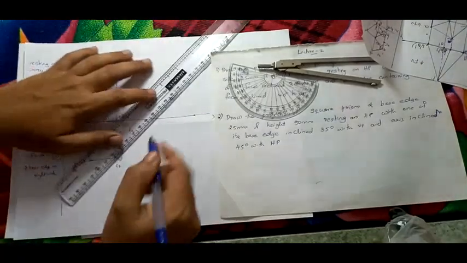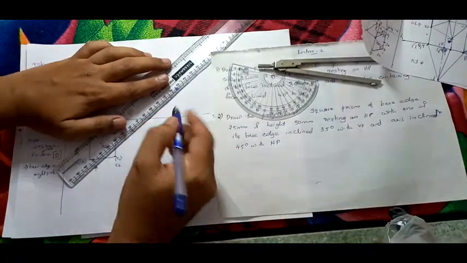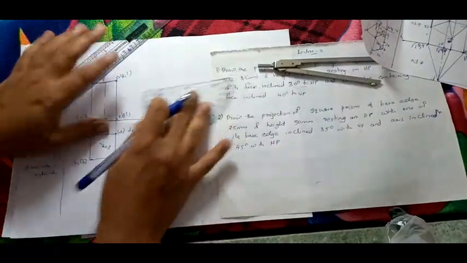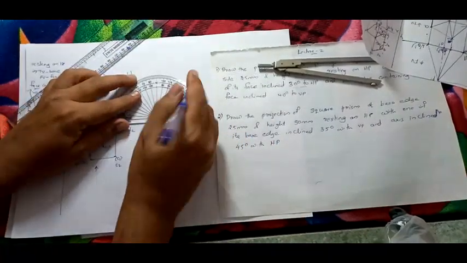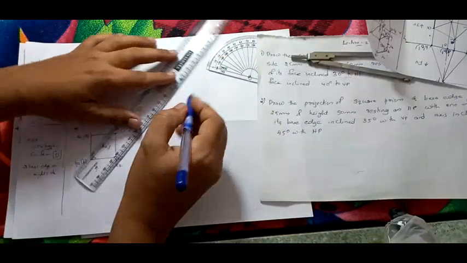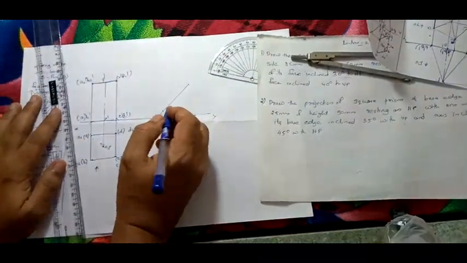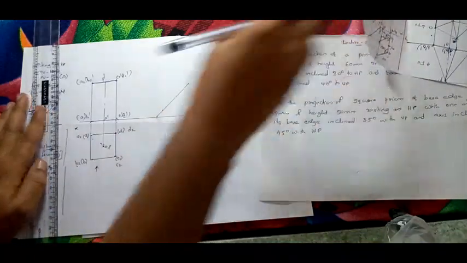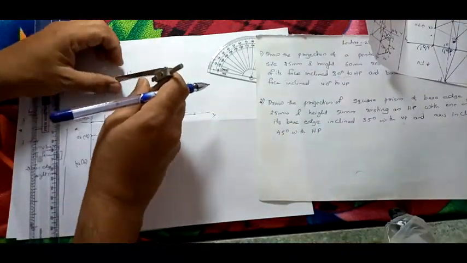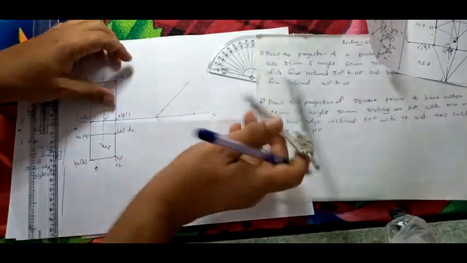So first I will draw. Taking 45 degree, from here take 45 degree or here take 45 degree, draw a line. Now what you have to do is measure this one, cut it here.